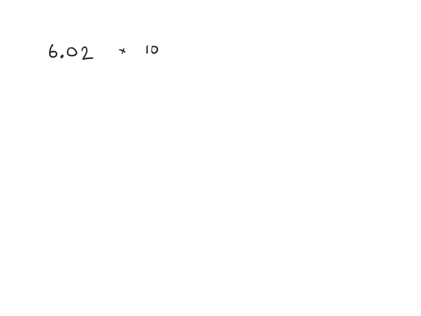The shortcut, if we're starting with a decimal number, is to actually slide the decimal place over one spot towards the right. One spot towards the right. That is the shortcut for multiplying a decimal number by 10. So the answer would be 60.2.